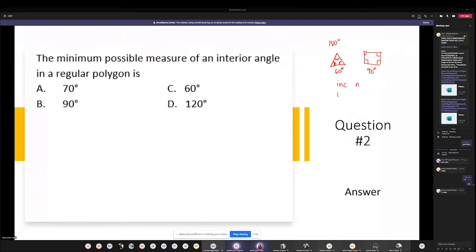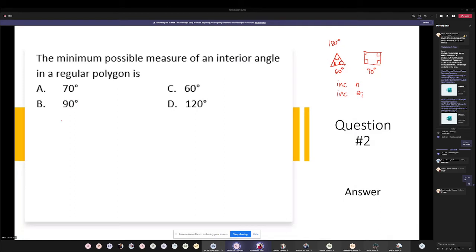So if this asks for the minimum possible measure of an interior angle in a regular polygon, it's talking about the triangle, because this is the least number of sides possible for a polygon. You cannot have a two-sided polygon. So minimum of 3.